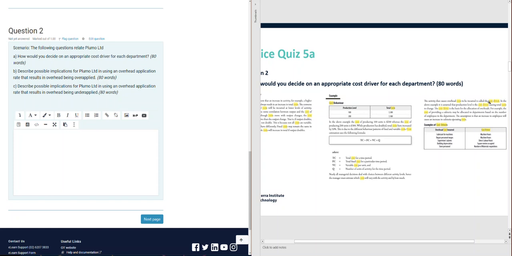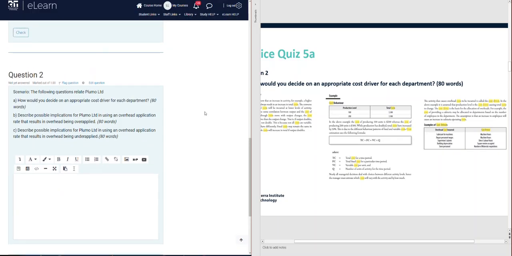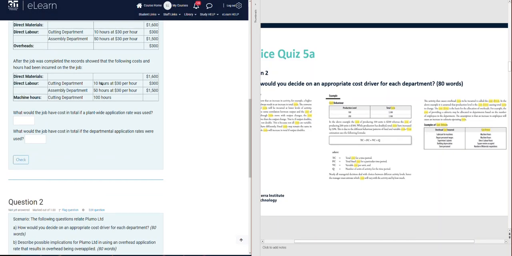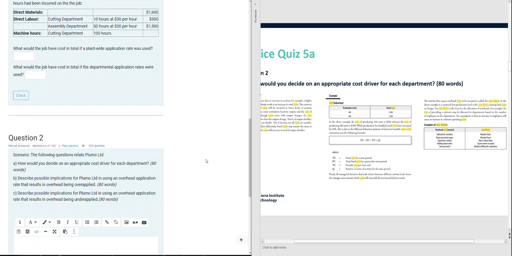So how do you define the cost driver? It is to find which activity led to a cost increase. In the above example, the production level is the cost driver causing total cost to increase, so quantity is the cost driver. The cost driver is the basis for the allocation of overheads, right? So in the previous question, we have cost drivers such as the direct labor hours and machine hours, which will be given in the question to you.